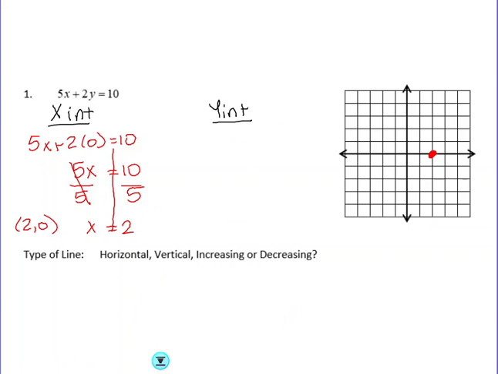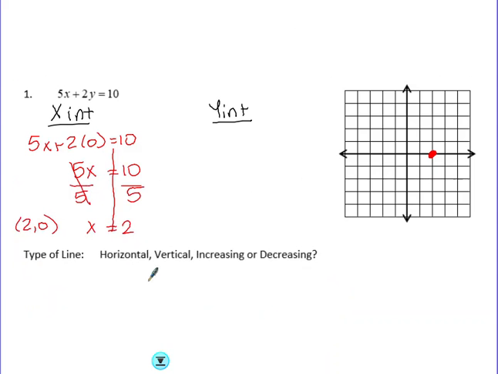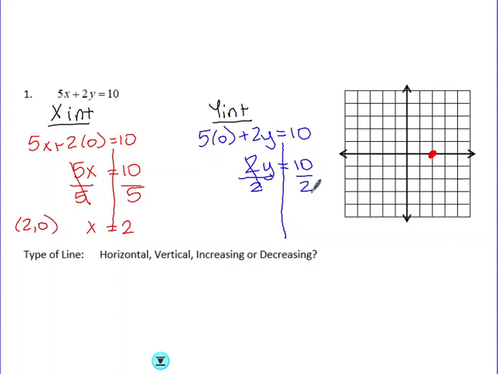To find the y-intercept, if we go back and look, for y-intercepts, our x value is always 0. So I'm going to take 0 and plug that in for x, and then I solve for y. 5 times 0 is 0, so I just have 2y equals 10. Then I divide by 2, and I get y equals 5. So my y-intercept is the point (0, 5).